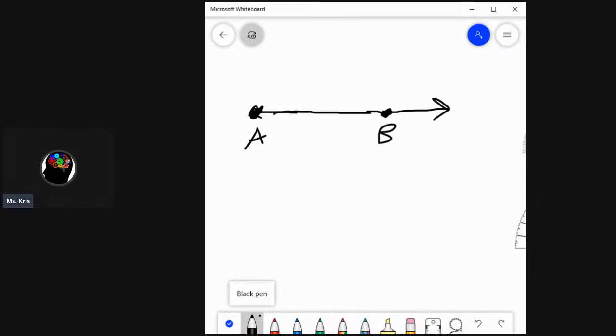Well, a ray is a start point going into one direction. And either the direction is to the left, to the right, going up, going down. So whenever you're dealing with a ray, R-A-Y, know that you have a start point and you're going in one direction.